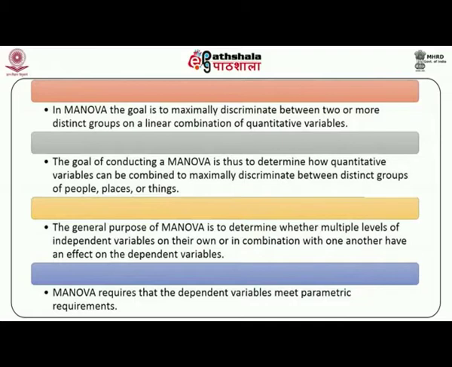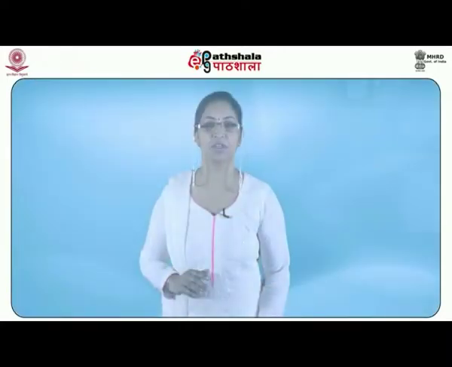The general purpose of MANOVA is to determine whether multiple levels of independent variables on their own or in combination with one another have an effect on the dependent variables.